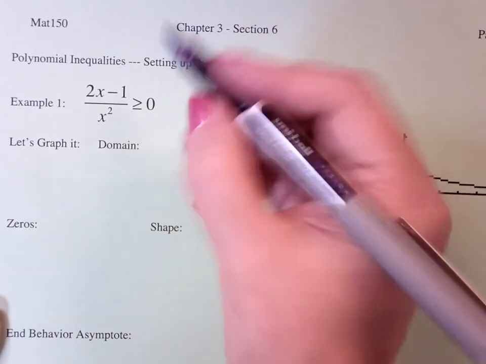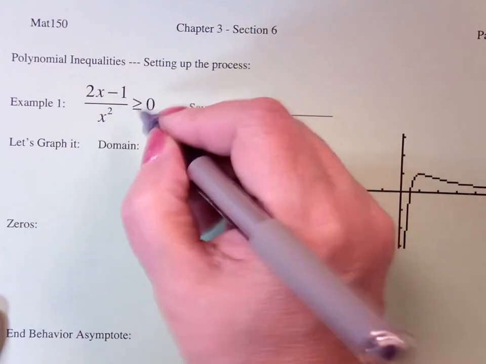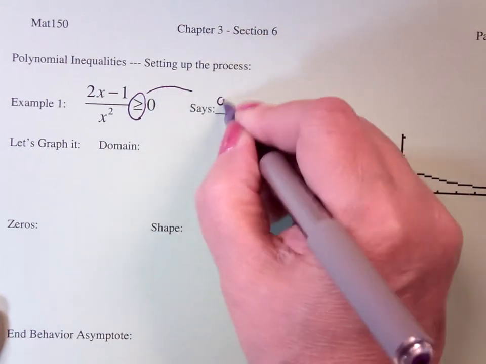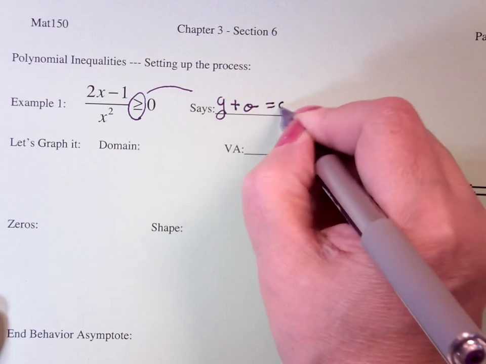Using the picture, if we're going to graph this per se, what I'm really looking for is y that's positive or equal to 0.